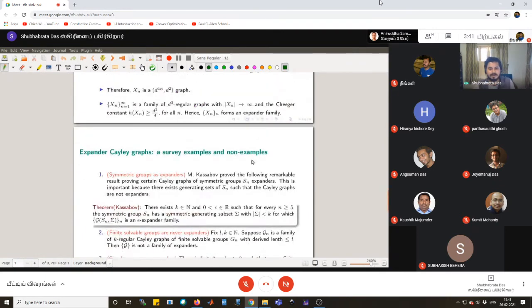Okay. So I will only mention a few other classes of expanders, some remarkable classes. Essentially their proofs are in the same line as Margulis's proof using property T, but not always. Sometimes they use probabilistic techniques.